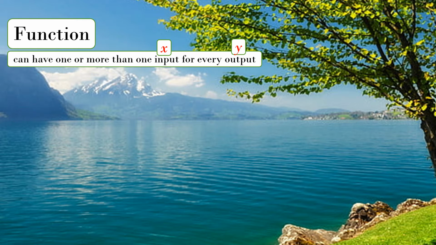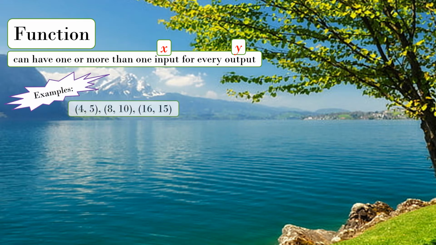Let us understand more using examples by diagram. So this is an example of a set of ordered pairs. These are actually points. Set of points. Okay. 4 and 5, 8 and 10, 16 and 15.